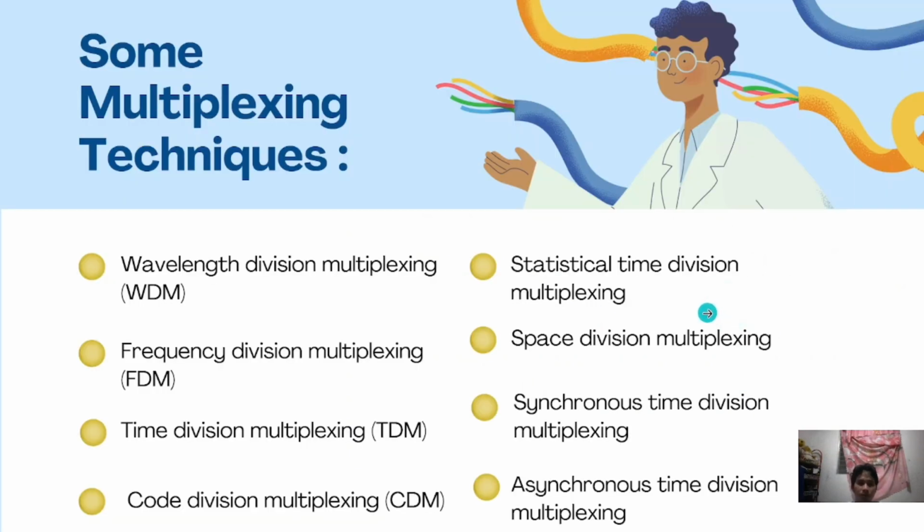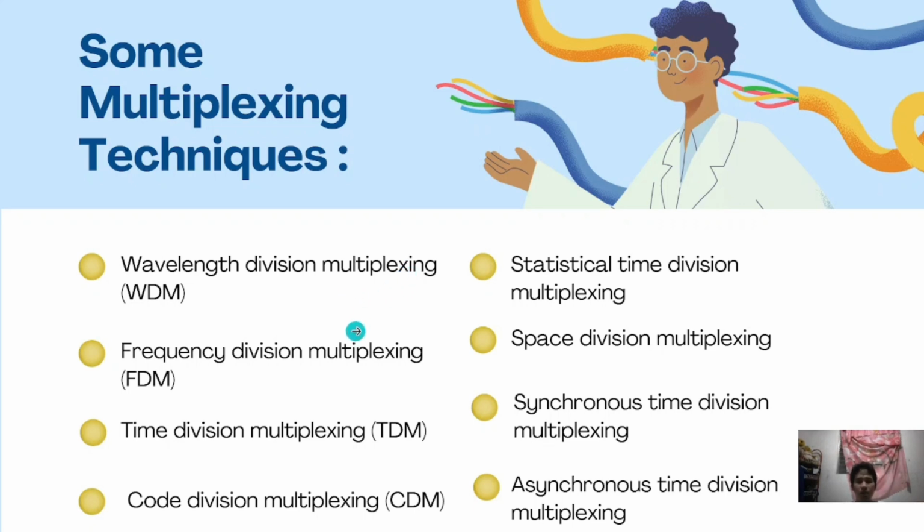Then, these are the techniques of multiplexing. First, wavelength division multiplexing, or what we call WDM. Wavelength division multiplexing uses different wavelengths to increase bandwidth by multiplexing optical carrier signals onto a single optical fiber.